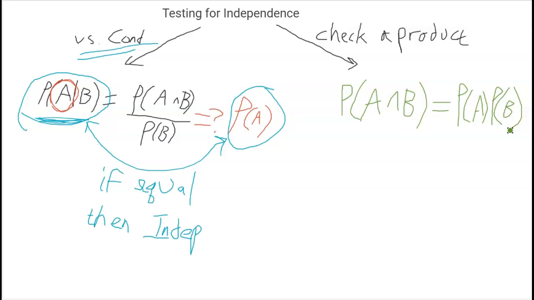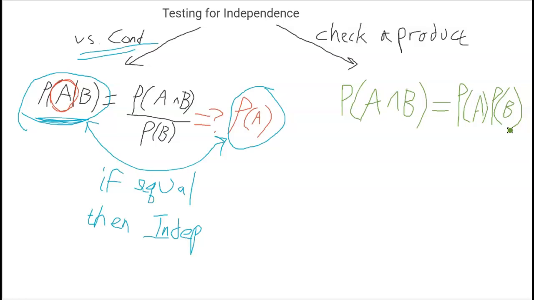So less than a half percent of the population are colorblind women. That's the intersection. Very small amount of women are colorblind. So A intersect B, the probability of female and colorblind, is very small.